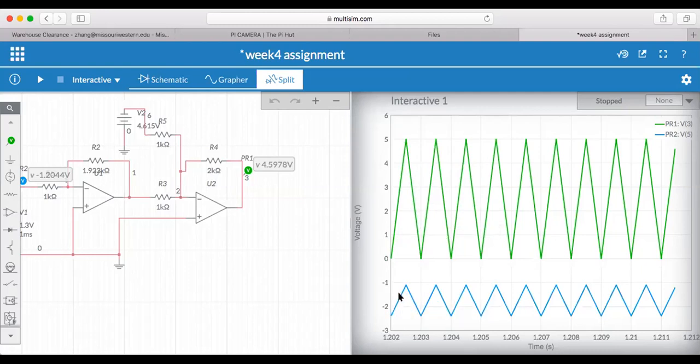So assuming the input came from a sensor, so they are measuring temperatures. This is the lowest temperature, this is the highest temperature. The sensor output will be negative 2.4 to negative 1.1. But my controller do not like this signal. My controller wants 0 to 5.